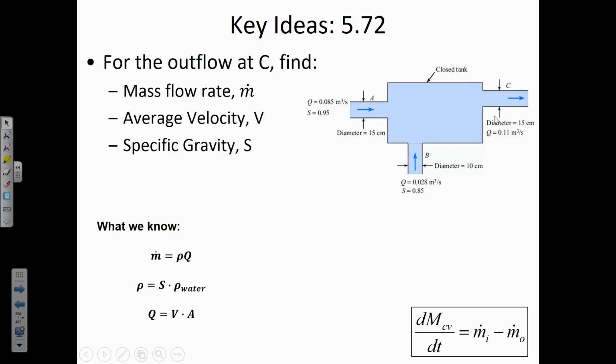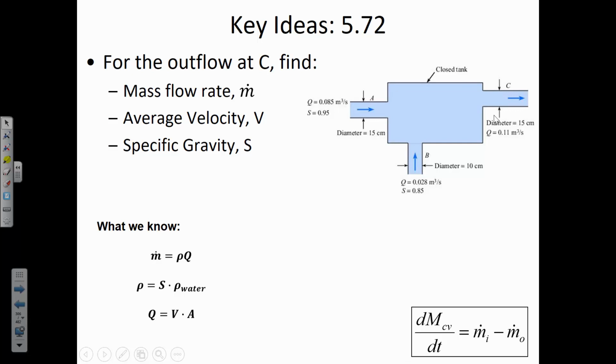And so the key idea here is that inside of the control volume, since it looks like this closed tank is full and there's no capacity for storage, there's not going to be any change of mass in the control volume over time. And so the mass flow rate in will be equal to the mass flow rate out.